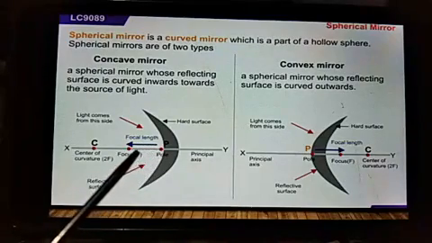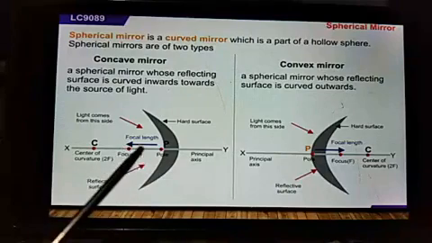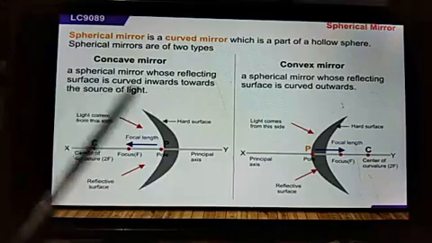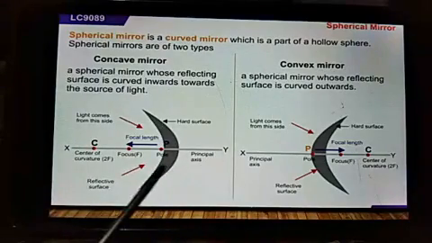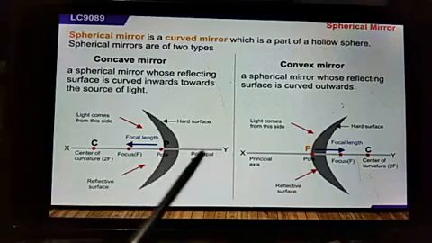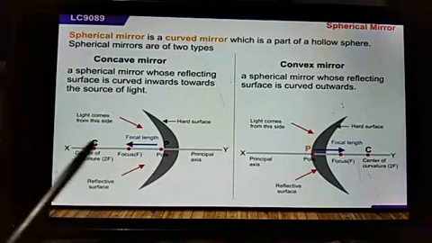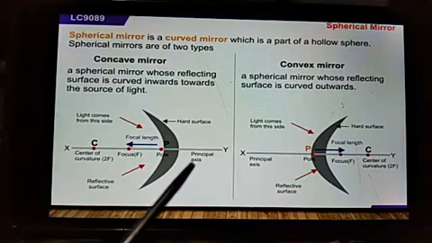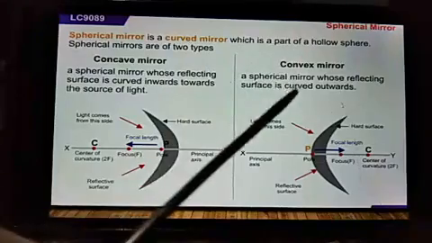So this length, the length between P and F, is known as the focal length. Now you can also see an imaginary line passing through the pole of the mirror. You can see the imaginary line, and this line is known as principal axis.